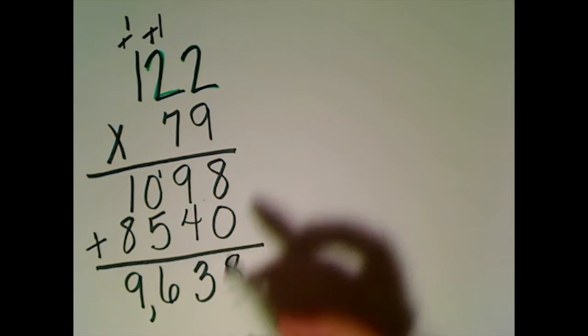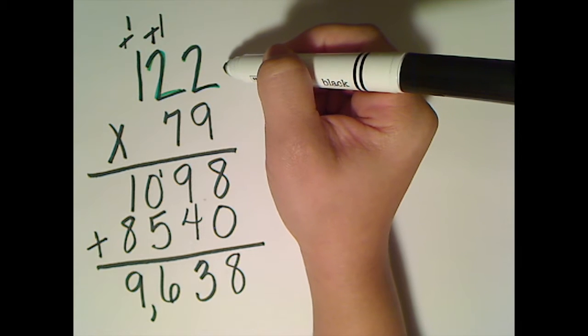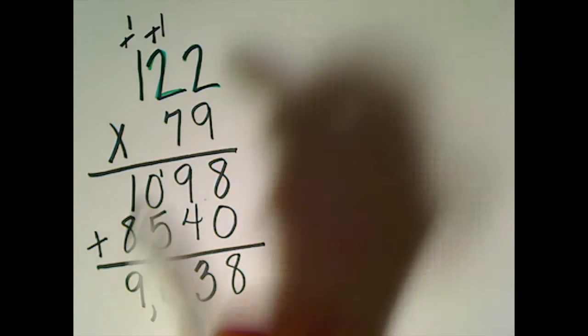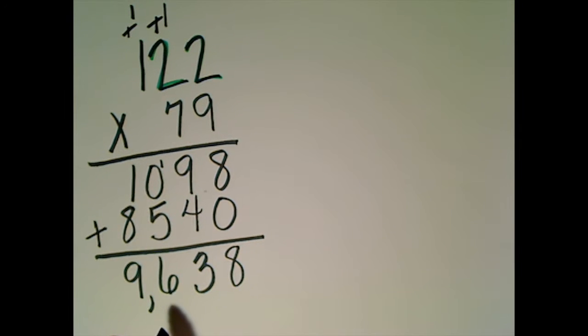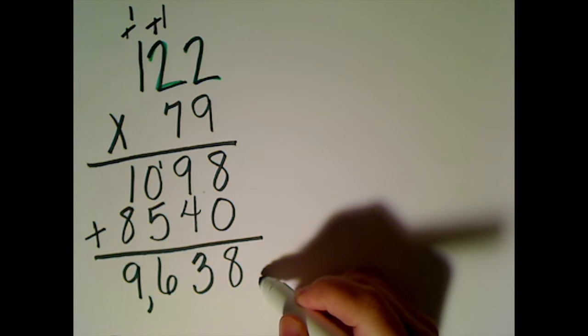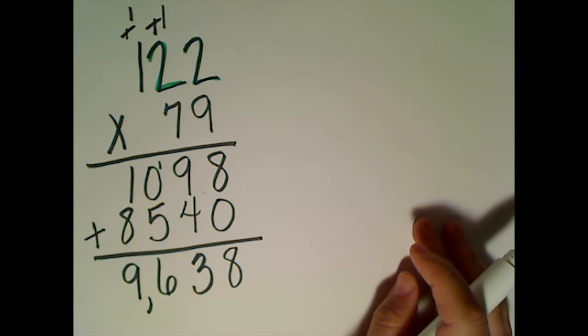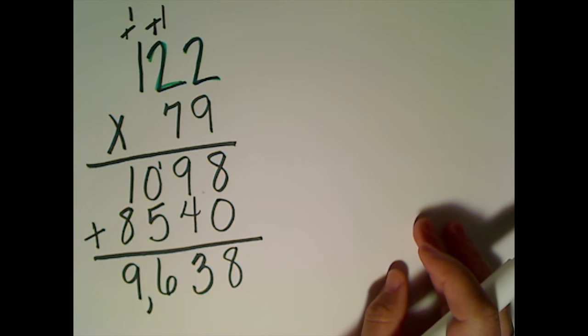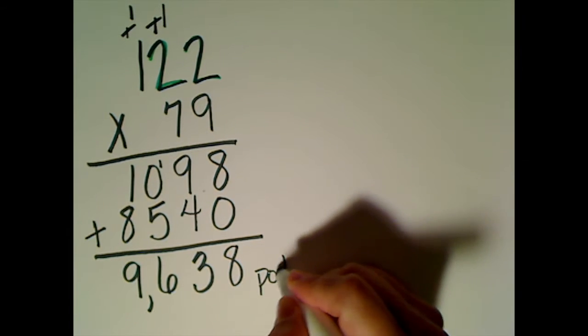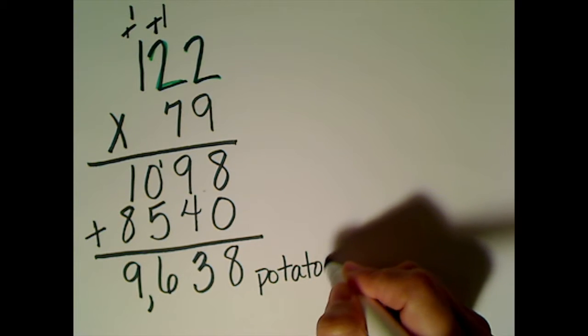So the product of the factors 122 times 79 is 9,638 potatoes. He had that in all. He is going to have a huge crawfish boil or a whole bunch of mashed potatoes. Okay? Let's label it potatoes. That's what we were solving for.